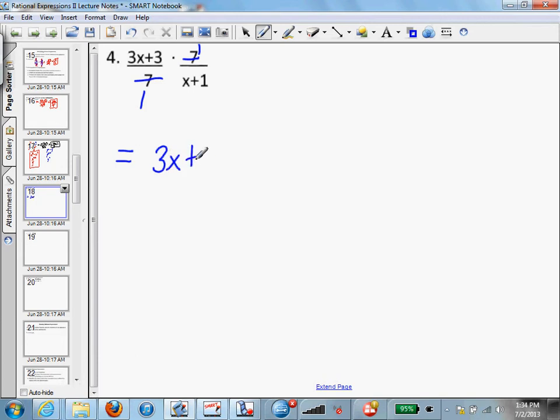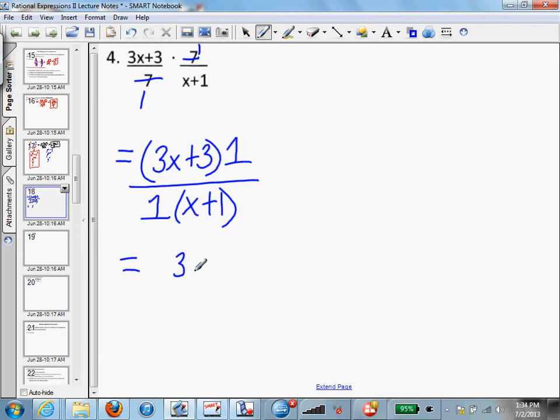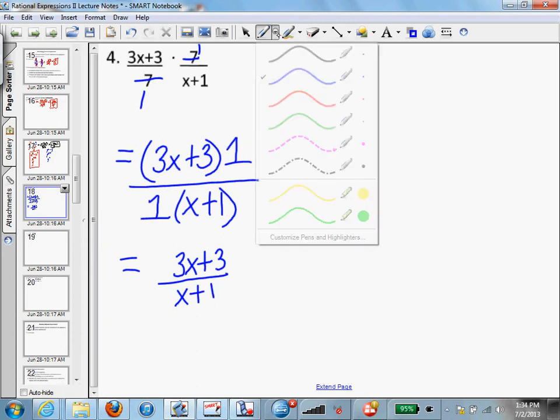So we have the quantity 3x plus 3 times 1 over 1 times the quantity x plus 1. Those 1's can be dropped, giving 3x plus 3 over x plus 1, because the 1's really do not matter.